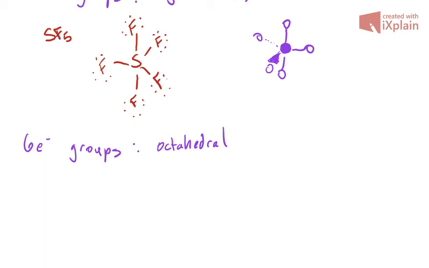Octahedral has 6 things coming off the central atom. So if I have my central atom, if I do my piece of paper, getting as many atoms as I can, I can get 4 atoms in the central one. And get this one, this one, this one, and this one in the same piece of paper. This one will be coming directly out towards you guys.